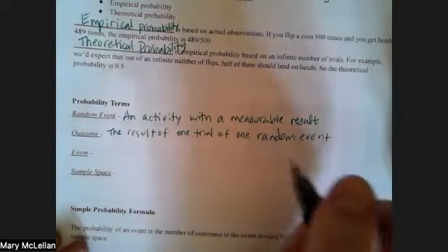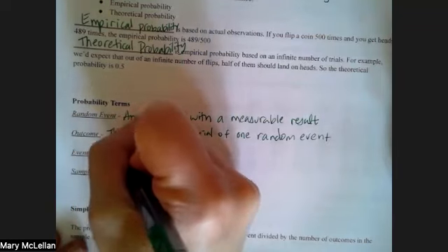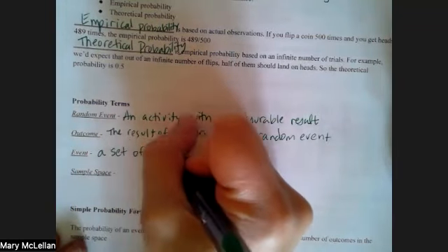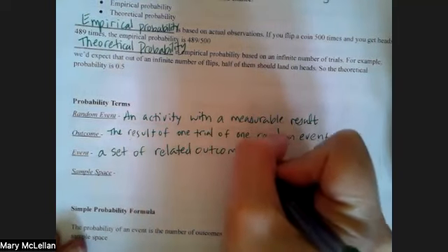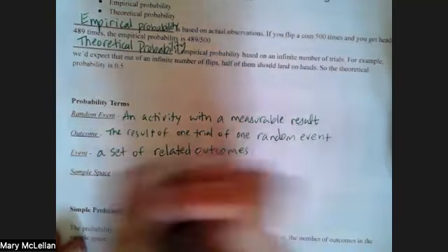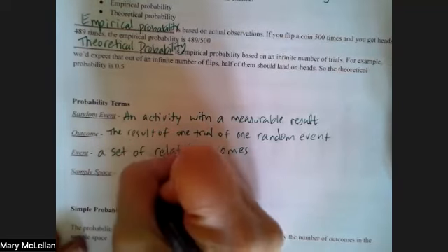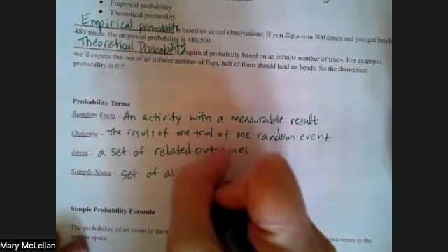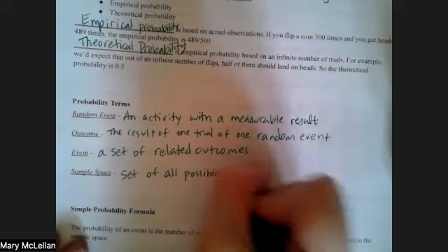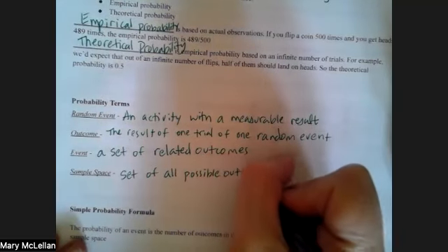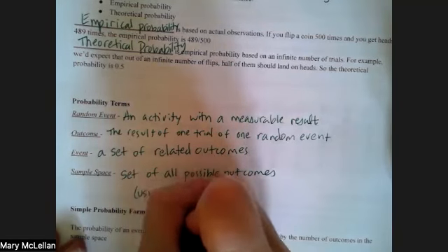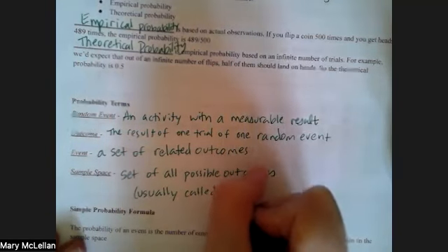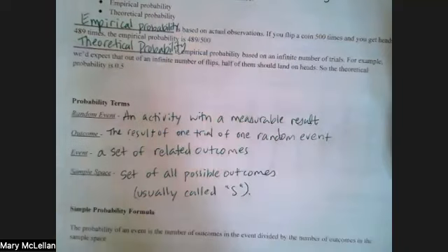An event. That is a set of related outcomes. A sample space, that is the set of all possible outcomes. And that's usually just called S. All right.